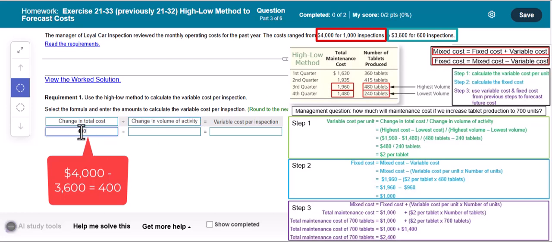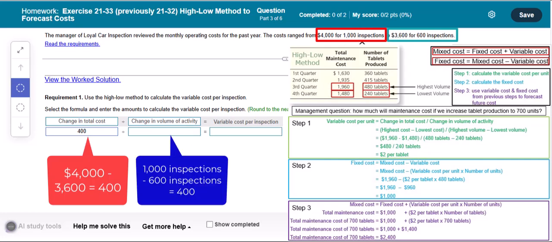Then we divide that by the change in volume of activity, the number of inspections: 1,000 inspections minus 600 inspections. By coincidence, that gives us 400 again.